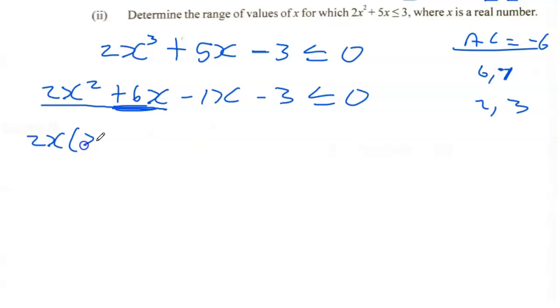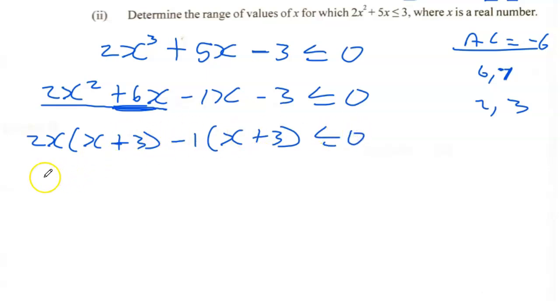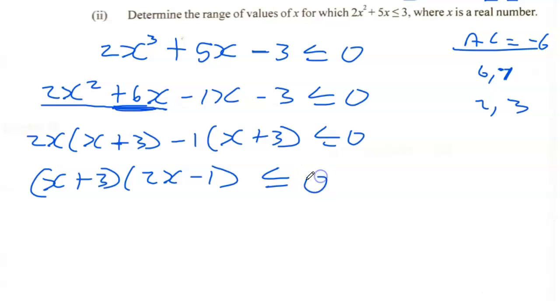So we end up with x plus 3 in the bracket. And the second, we factor out minus 1. And of course, we end up with the same x plus 3 in the bracket. So the common factor here in the bracket is x plus 3. On the outside, we have positive 2x and minus 1, less than or equal to 0.